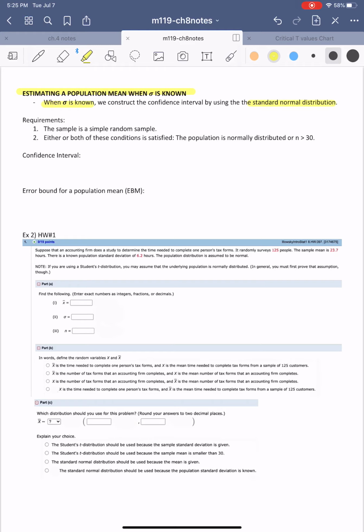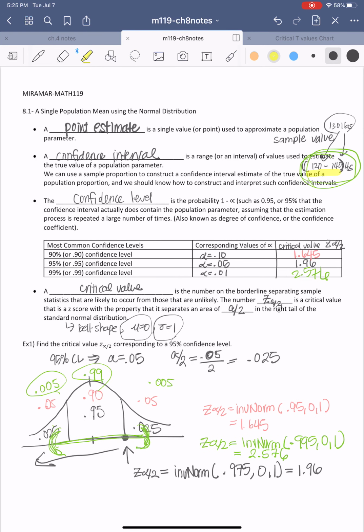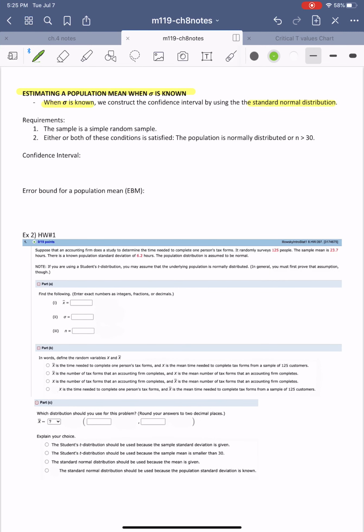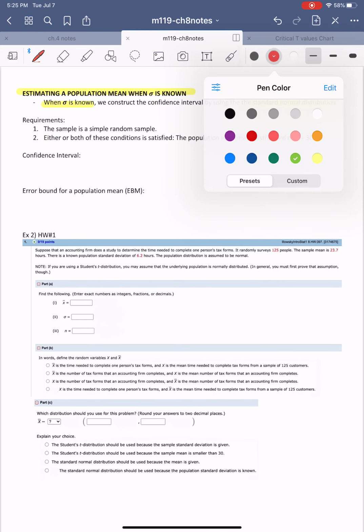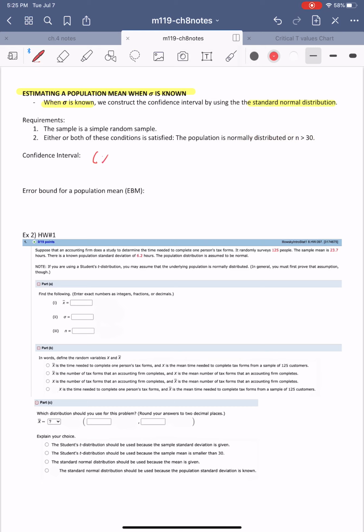So your confidence interval, 120 to 140 pounds, is basically your sample mean minus some error bound for the mean, and then you add some error bound for the mean.